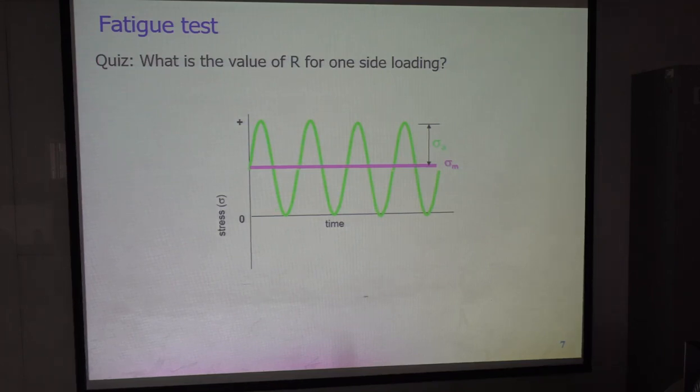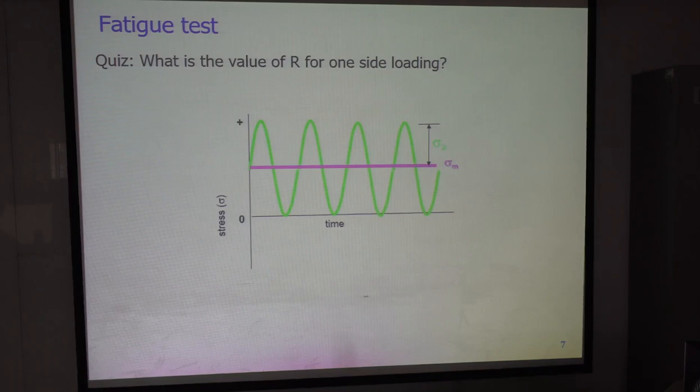a quiz for this SN curve, for this stress cycle. What's the R value for this one? The R value equals the minimum stress divided by the maximum stress. So just look at the value.